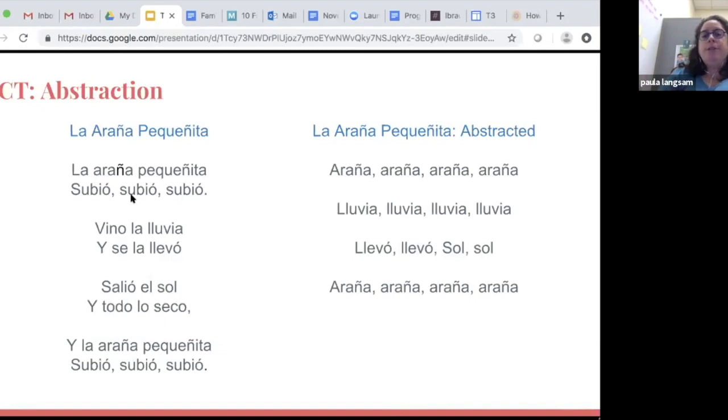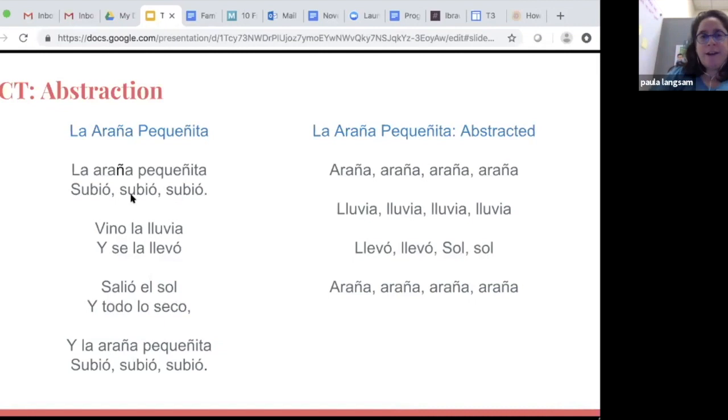However, you can also do it just using the same tune, just using the important words in the song. So araña, araña, araña, araña, lluvia, lluvia, lluvia, lluvia, llevó, llevó, araña, araña, araña, araña.